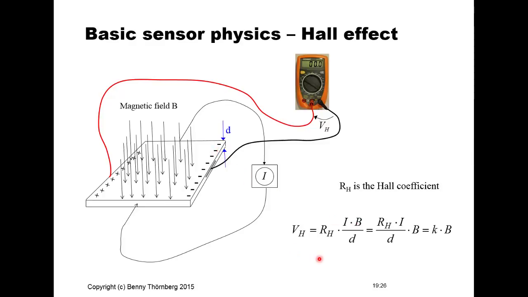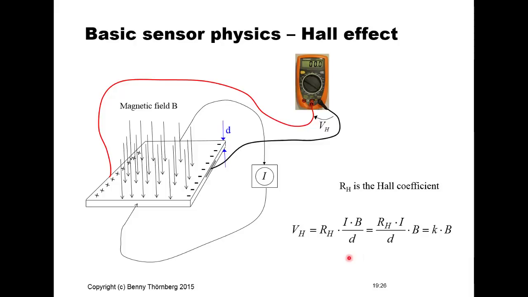If you keep the current and the thickness of the material constant, in combination with this Hall coefficient, which is material dependent, then you can have an output voltage that is proportional to the magnetic field B, with a sensor coefficient expressed by this part: the Hall coefficient times the current divided by the thickness of the material.